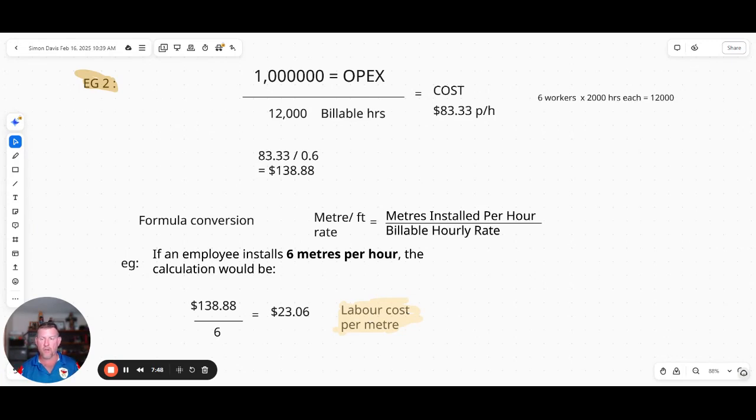If you did that with 2 people and they were doing only 2 meters per hour of installation, your rate's going to be around $69, $70, not far off $70 an hour per person. So you can see how it fluctuates dramatically just depending on what they can actually get installed in that time.